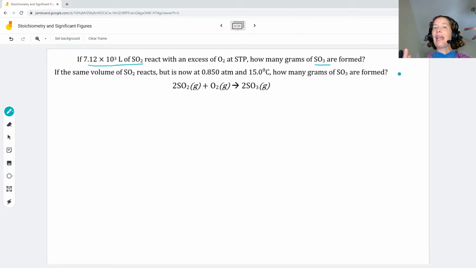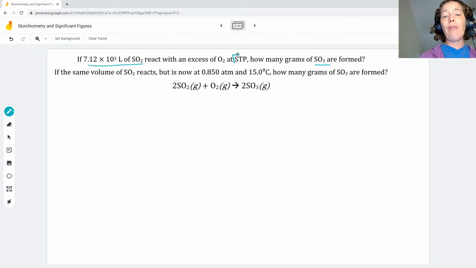Now, the great thing about being at standard temperature and pressure is you can use what's called the molar volume of gases, which is about 22.4 liters per mole. Now, this is for ideal gases, but we are assuming in this case that all gases are ideal. So that is an easy way to convert from volume to moles for an ideal gas, but only at STP.